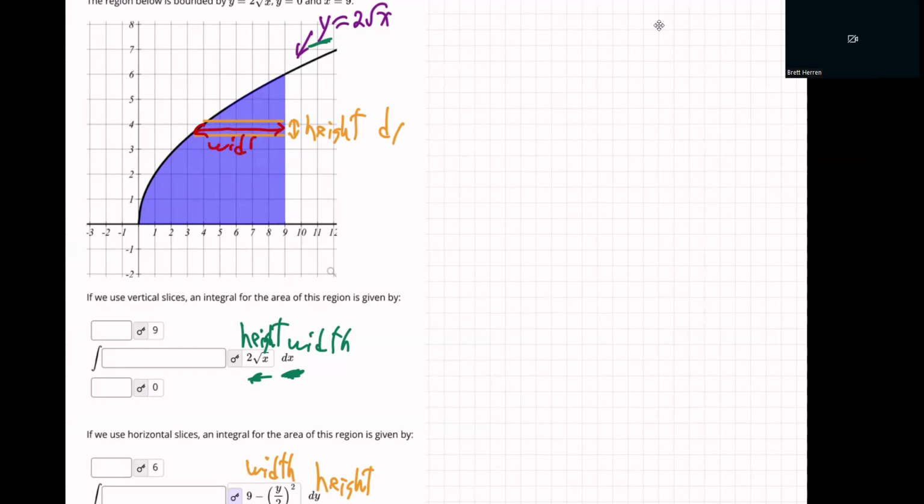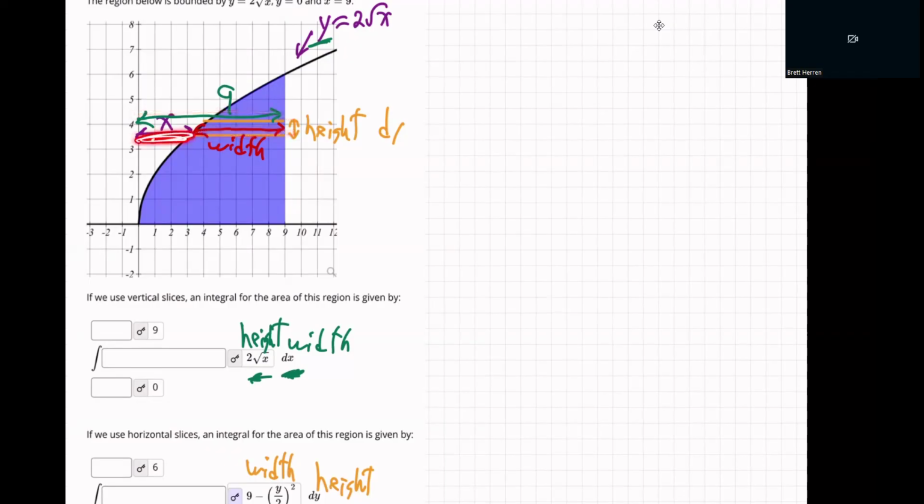That's the width. Well, what is that? How do you find that? Well, that's going to be this, which is x, subtracted from all the way over, which is 9. The width, do you see that? Do you see what I'm talking about? The width of any slice is 9, take away x.